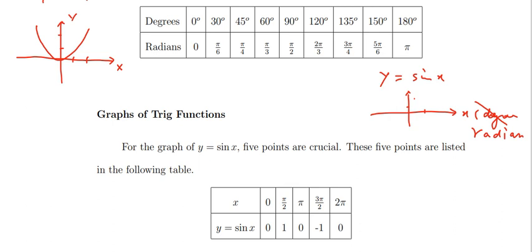Okay. Now we can focus on graphs of trigonometric functions. Let's check the function y equals sine x. To get its graph, we just pick some points, then connect those points to get the graph, right?